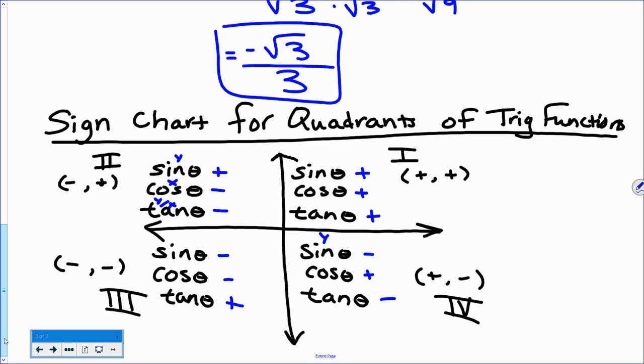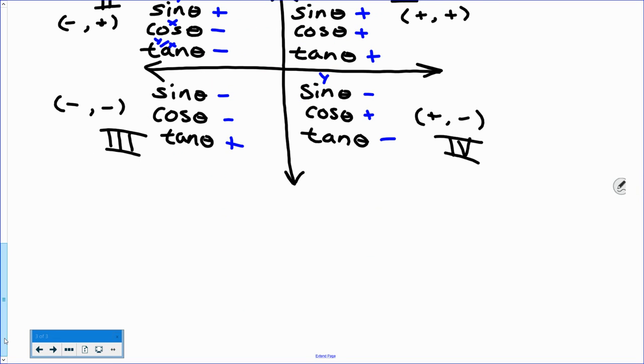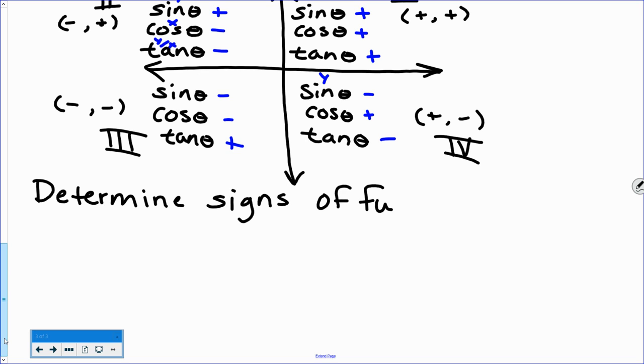All right, moving on. So you might be asked to determine the signs of functions for angles.